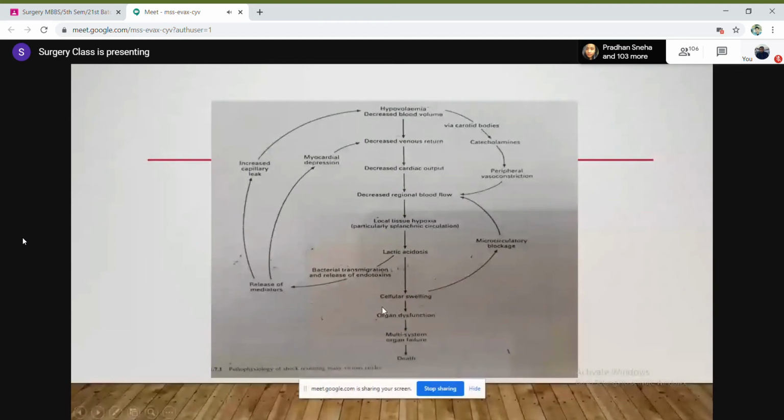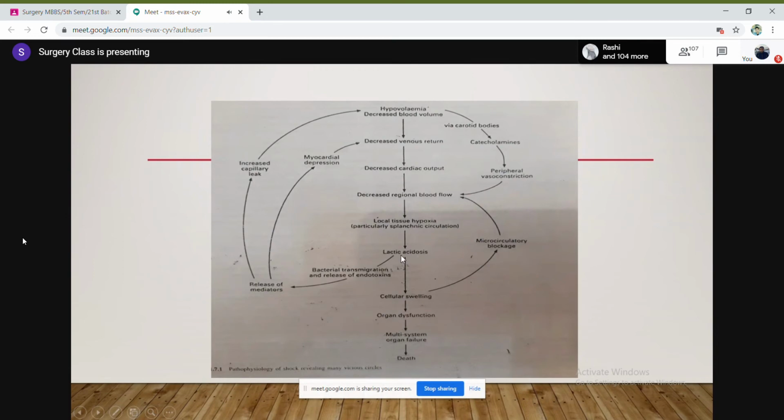So when one organ starts to dysfunction, there is multi-system organ failure. So once there is multi-system organ failure, let's say if 3 viscera in the human body fail, the chance of death, or mortality, is 75%. Eventually, multi-organ system failure will lead to death. So that is a vertical line that you can see.